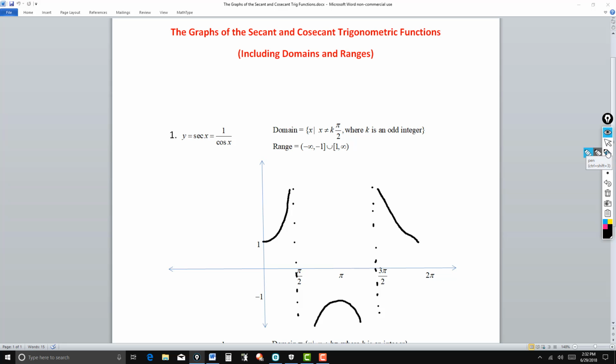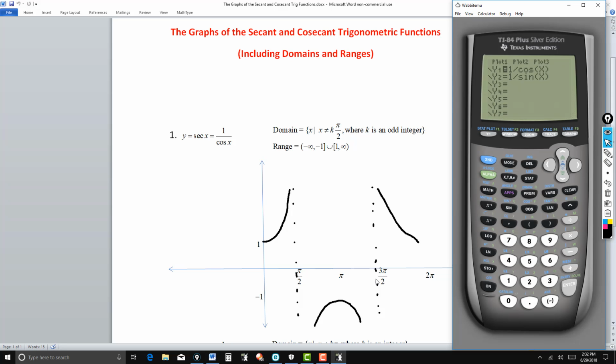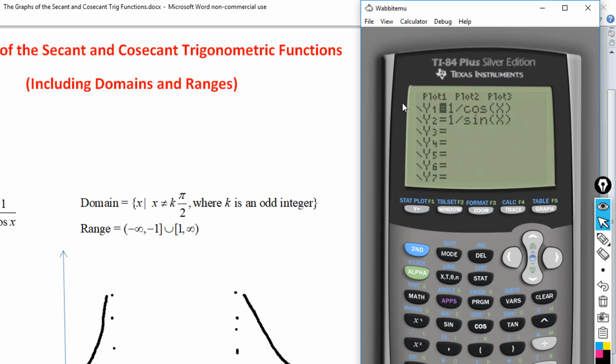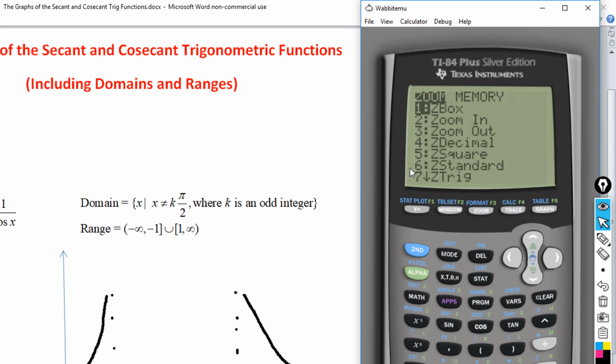Now if you're going to do this in the calculator, the number 1 here is representing the graph of y equals secant of x, which is 1 over cosine. So if I go to zoom, say 7, and I do have this set to degrees here, even though I have the main domain and range over here in radians and real numbers.